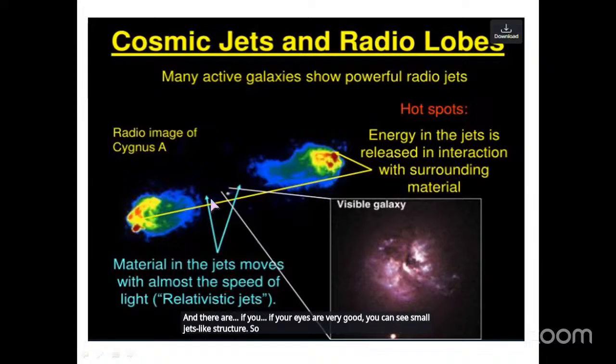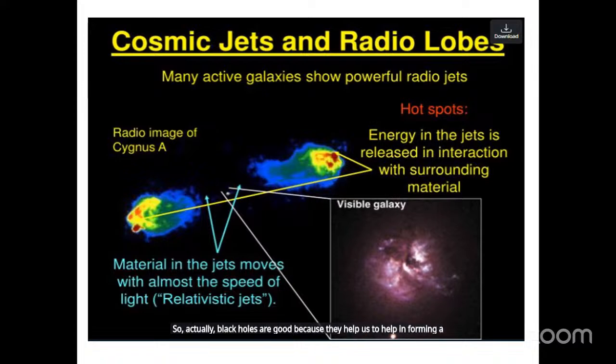So matter is ejected in this jet-like structure. So they are enigmatic. Without black holes, let me tell you, you cannot have star formation in a galaxy. There will be no activity. So actually black holes are good because they help in star birth taking place.